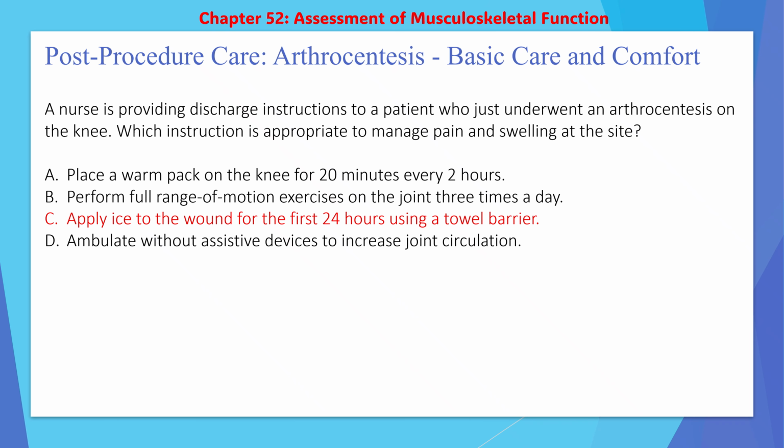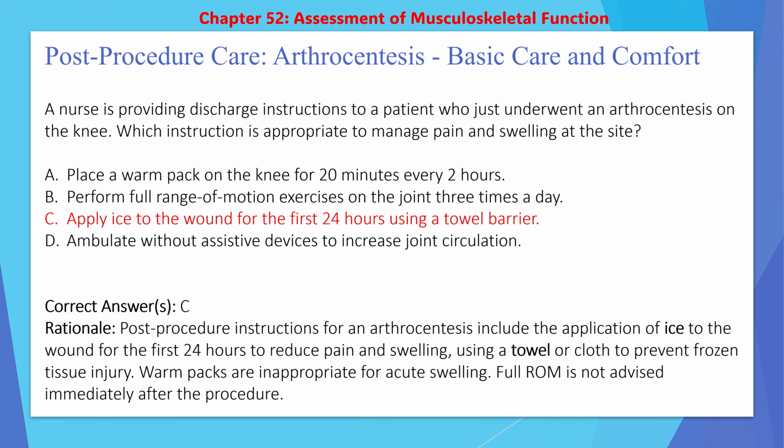So the correct answer is apply ice to the wound for the first 24 hours using a towel barrier. Post-procedure instructions for an arthrocentesis include the application of ice to the wound for the first 24 hours to reduce the pain and swelling.